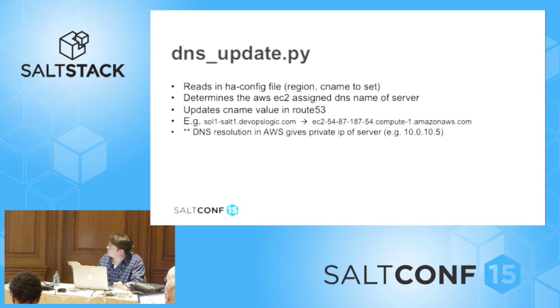So this allows me to put something like salt1 dot, and this is a domain I own, devopslogic.com. It'll resolve to this guy, which then turns into an internal IP address that the minions can access. So that's kind of slick. You can call it cheating. It doesn't really matter to me. It works, so I'm pretty happy with that.